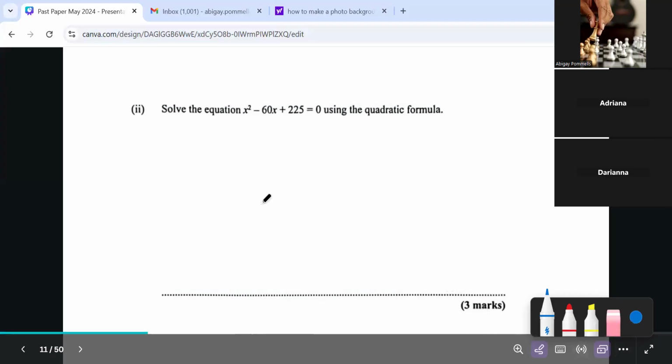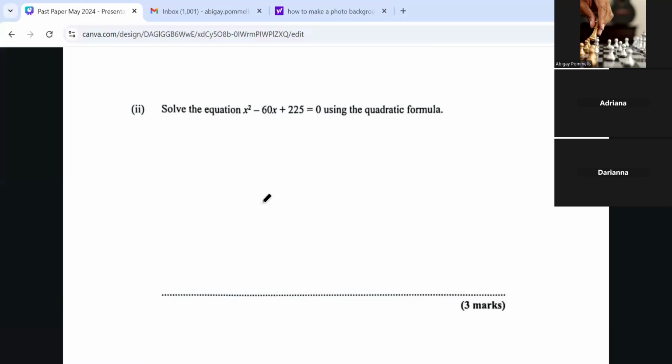All right. So it says solve the same equation using the quadratic formula. Now, the quadratic formula will be this. I don't know if you guys remember.